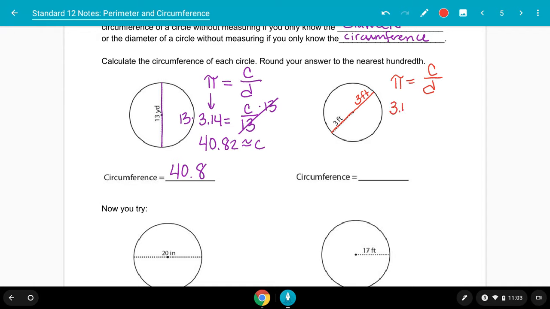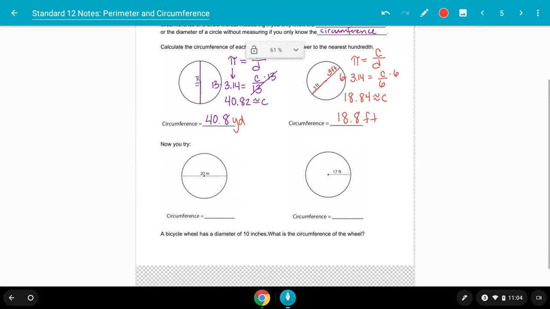So I know that 3.14 is equal to the circumference over 6. To find the measure around, I'm going to undivide 6. And 6 times 3.14 is approximately 18.84. So about 18.8. I should say feet. And on the first one, I should say yards.